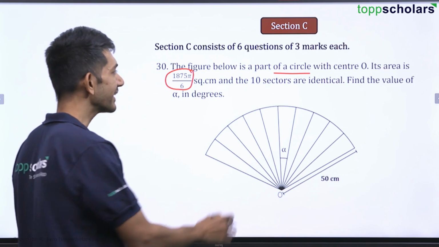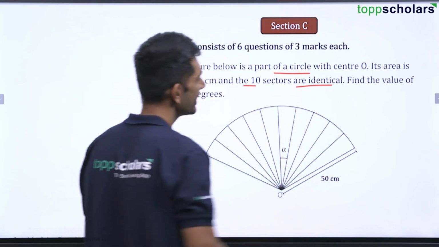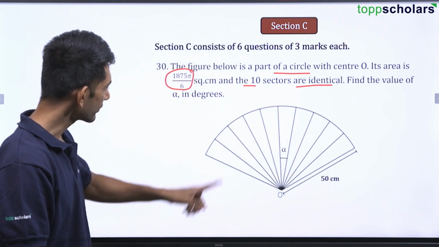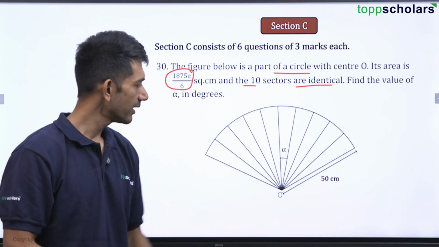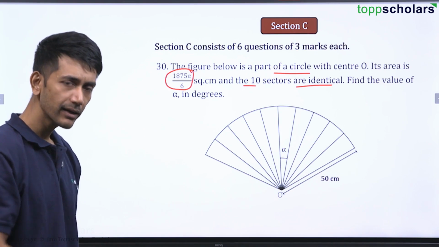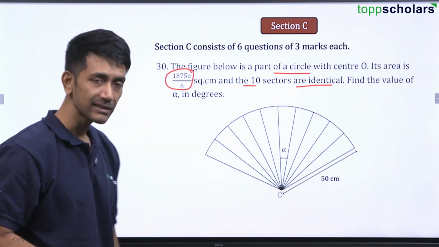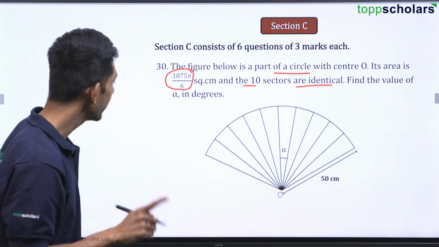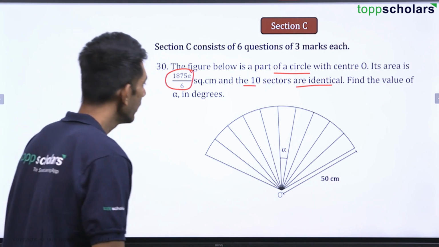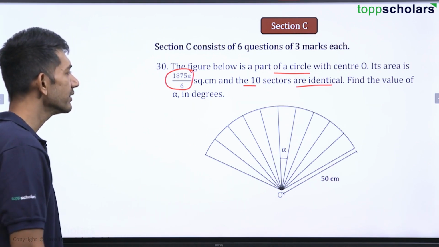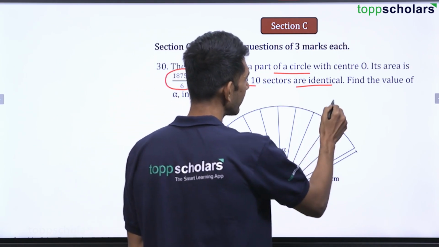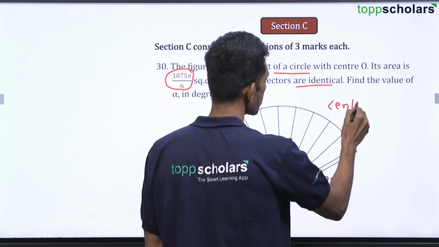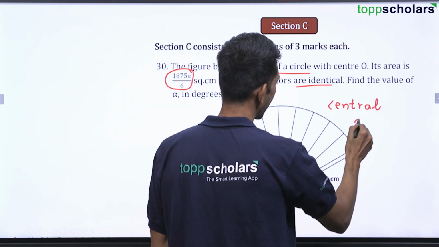And the 10 sectors are identical. These are identical sectors. 1, 2, 3, 4, 5, 6, 7, 8, 9, 10. Identical. What is the meaning of identical? That means all the sectors have the same area. They are divided into equal area, right? Find the value of alpha in degrees. Okay, that means we are supposed to find out the value of the central angle, right? Central angle of the sector.